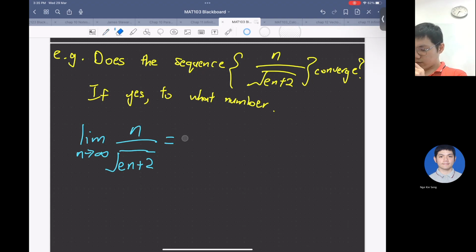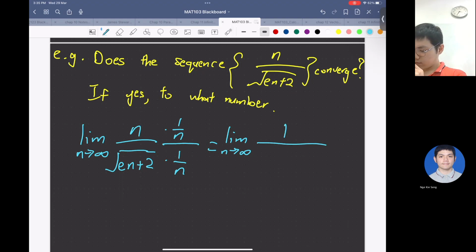So I divide by 1 over n. What do we get? We get 1 over, what is this? n squared, right? So 1 over n plus 2 over n squared.